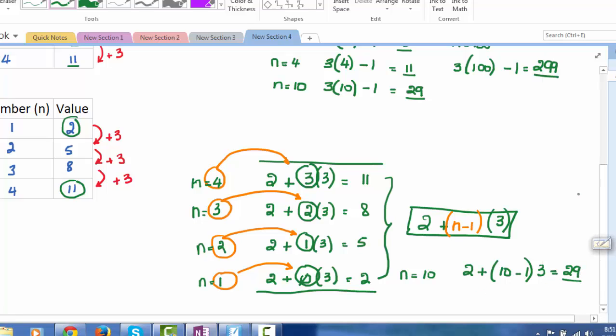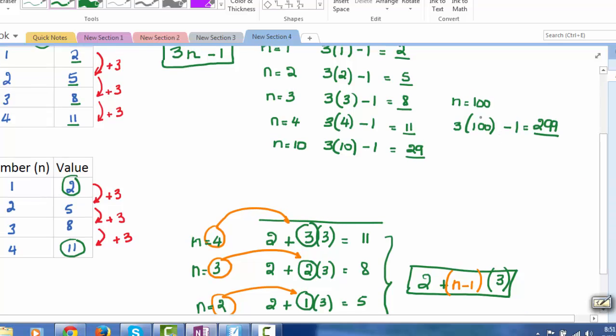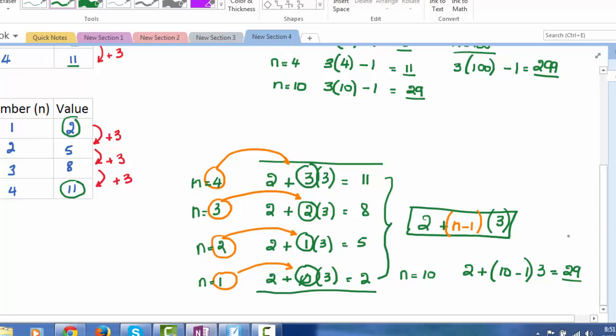Can I test it when n equals 100? We know it's 299. Let's check it. That means 2 plus 100 minus 1 times 3. 100 minus 1 equals what? 99. 99 times 3. 3 times 9 is 27, and so on.